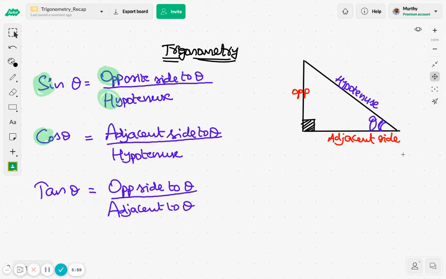So SOH, then C, that is cos theta equals adjacent side over hypotenuse.